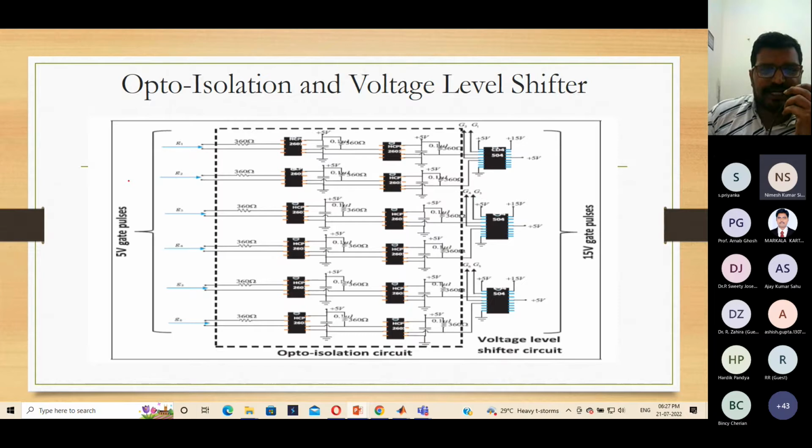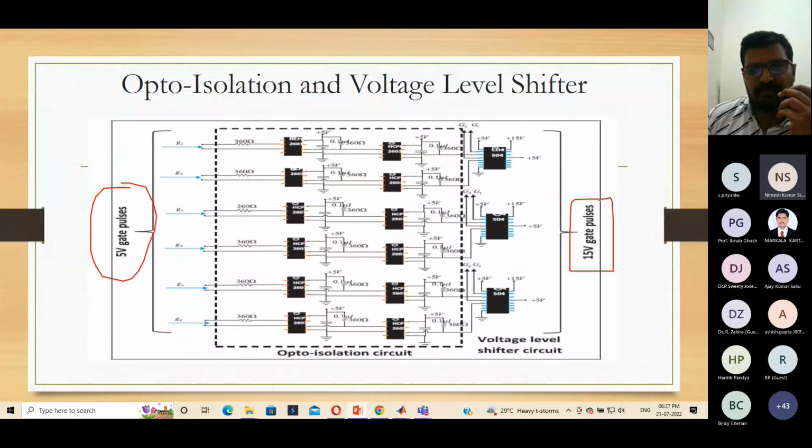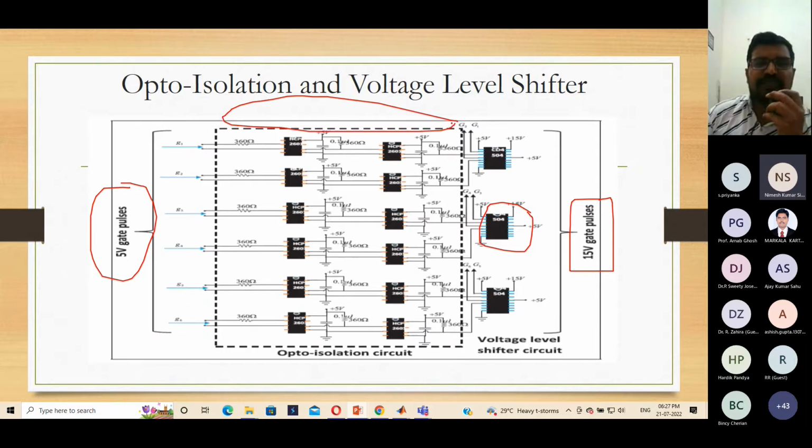The pulses from the controller are 5 volt pulses, from a digital signal, whereas this Semikron inverter will operate at a 15 volt level only. So in order to step this up, we use CD4504 for transforming 5 volts to 15 volts. This intermediate circuit is an isolation circuit.